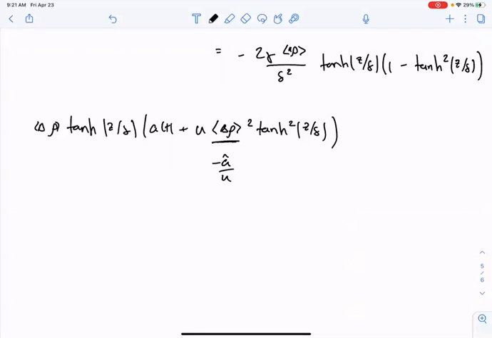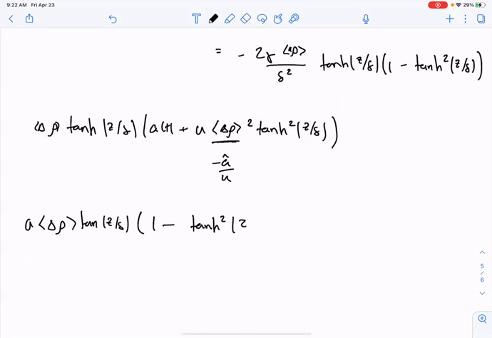So putting that in, I can pull an A out. I have 1 minus, the U's cancel, so I'm left with just hyperbolic tangent squared z over delta.